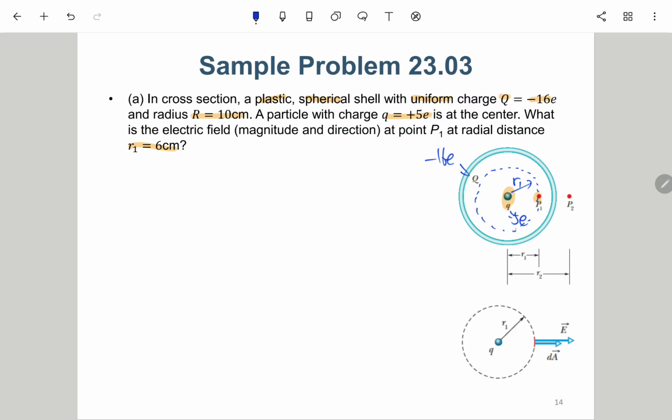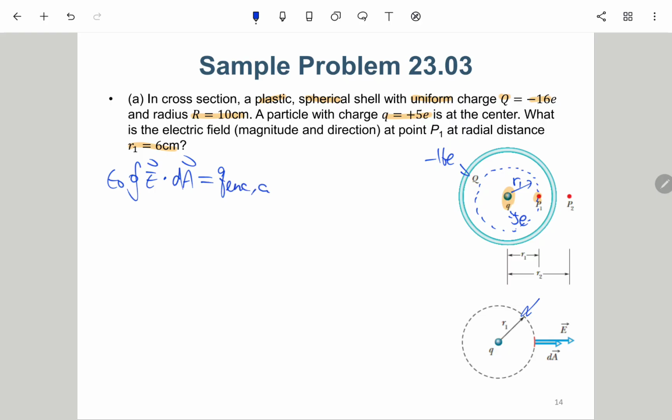Here we apply Gauss law for this Gaussian surface: epsilon naught integration of E dot dA equals Q enclosed.